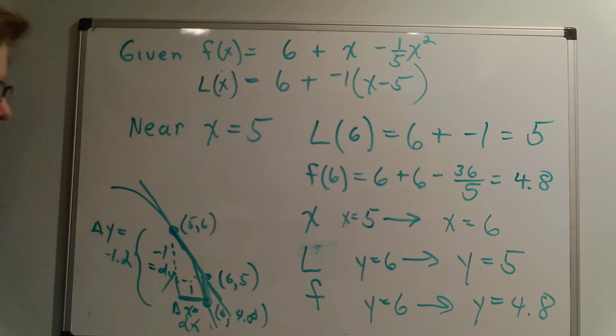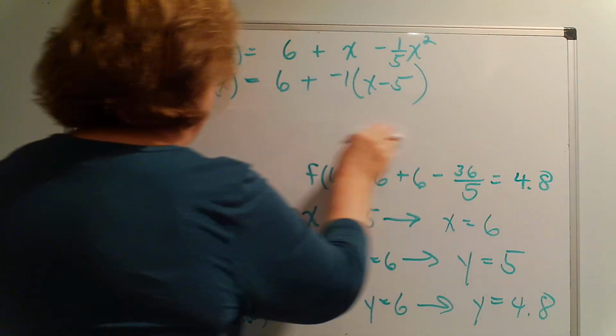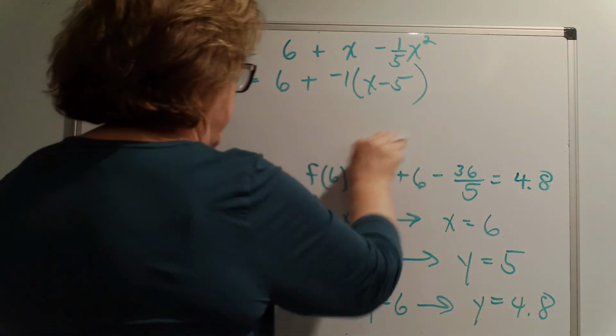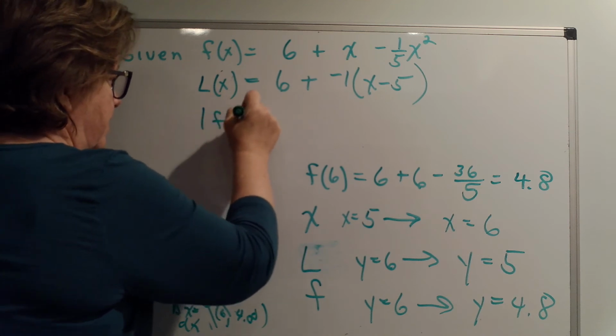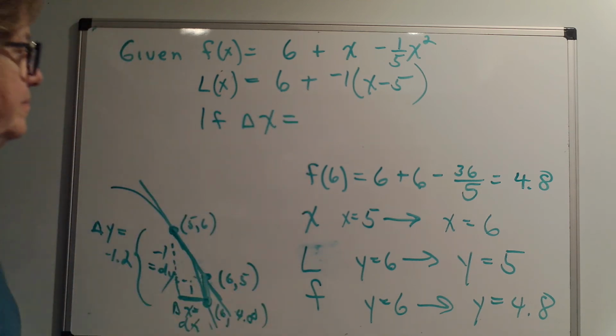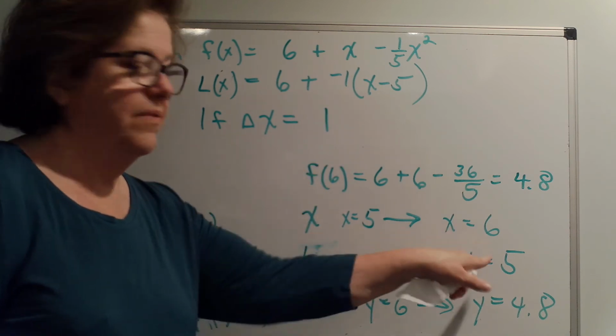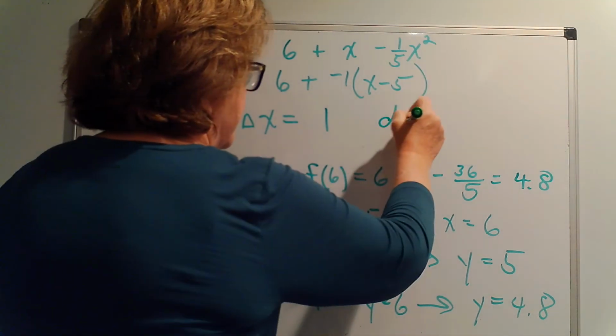They're the same thing. So if delta x is 1, because we're going from x equal to 5 to x equal to 6, dx is the same.